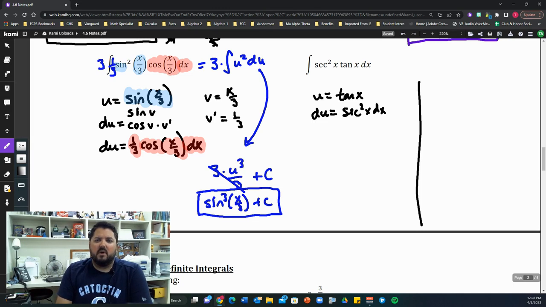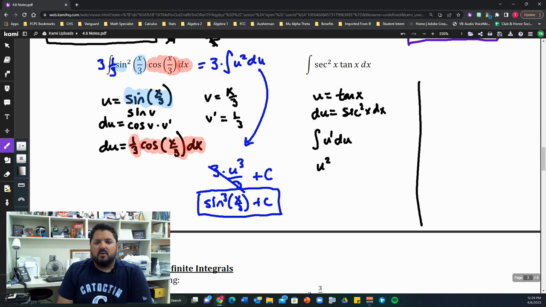If I set it up that way, when I go to rewrite, I have everything that I need. I don't actually have to fix anything here. So we just end up with the integral of u du. This is a common one that you will come across, and a lot of times it gets overlooked, or it can be tricky because it doesn't necessarily look like anything, but remember, u is just a power rule still. It's u to the first.